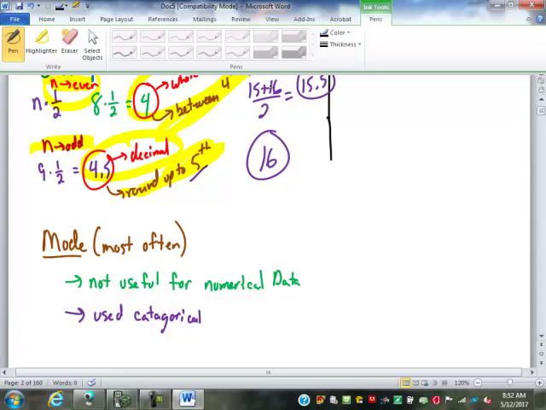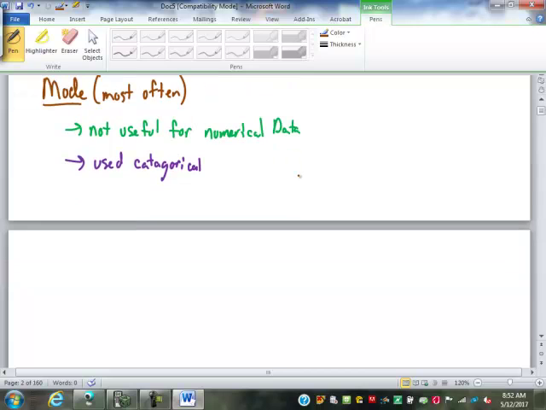Now, actually, there's one more measure of center I want to mention, and then we'll look back at distributions and how these all relate. There's something called a mid-range. And a mid-range is back to numerical data, and it's just a really quick calculation.